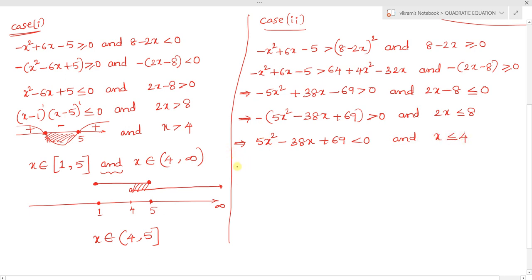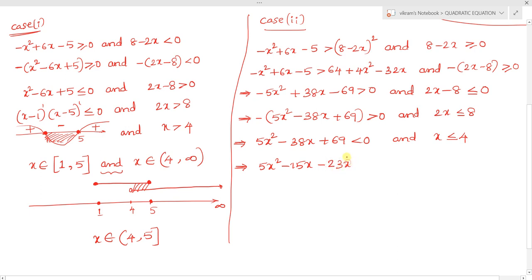Okay, right. Next, we can factorize this as 5x squared minus 15x. Otherwise, if you are unable to factorize directly, just solve for the factors with the help of the quadratic equation ax squared plus bx plus c. The solutions are x equals minus b plus or minus square root of b squared minus 4ac by 2a.